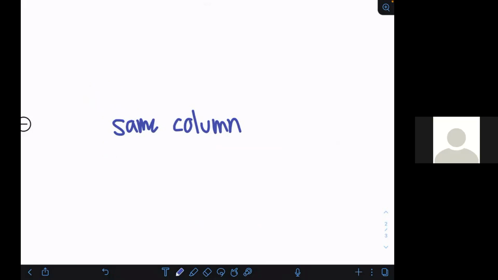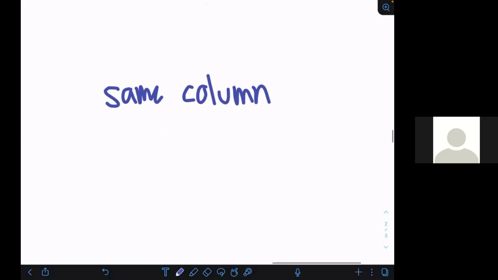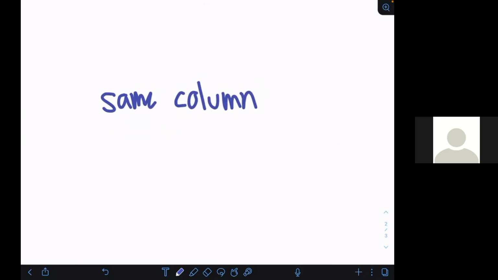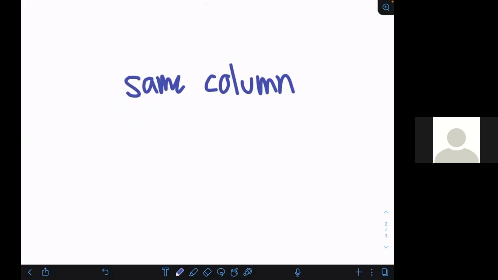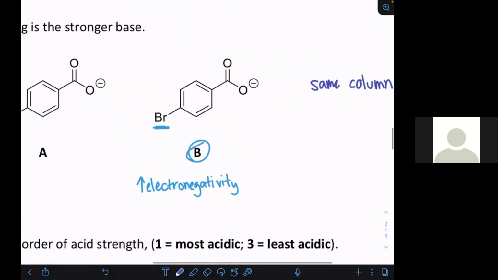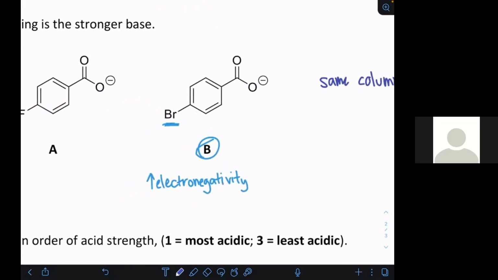Is it the most electronegative atom? I gotta go back and look at that, because if you were to find the conjugate base and then go off of the most electronegative atom, wouldn't that make that base more stable, which makes it a weak base and a stronger parent acid? That's how we would do that, right?